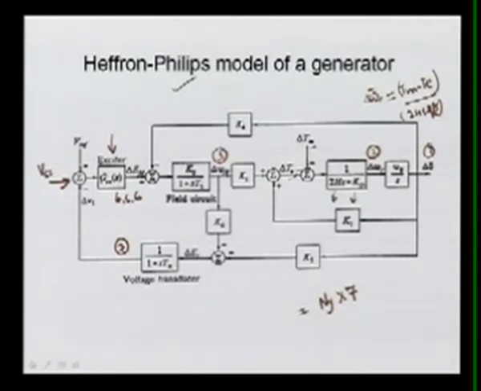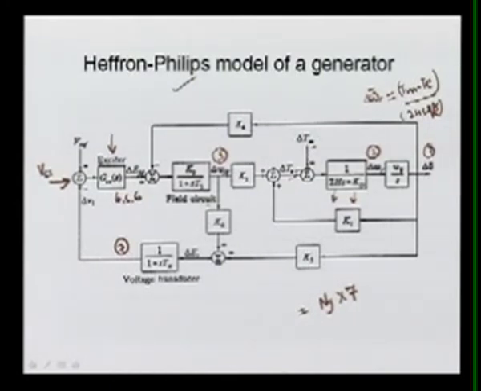Just I have written the transfer function Ex, which is basically the transfer function of your exciter. This is basically of the field circuit, because EFD is passing through this, we are getting the flux change in your flux linkage FD, and multiplied by this we are getting, and this addition of this delta multiplied by K1 is giving you a change in your electrical output, and this electrical output is subtracted from the mechanical change.